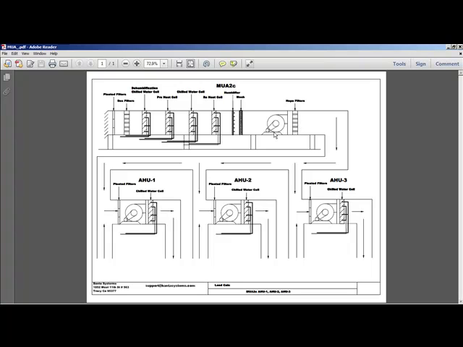Then we have a supply fan, some HEPA filters, and we feed air handler 1, air handler 2, and air handler 3. We also have air coming in from return from the zone or the lab, and we're feeding into the lab.